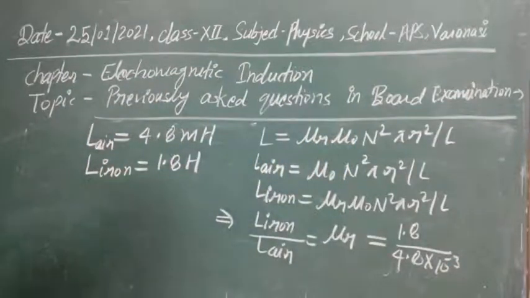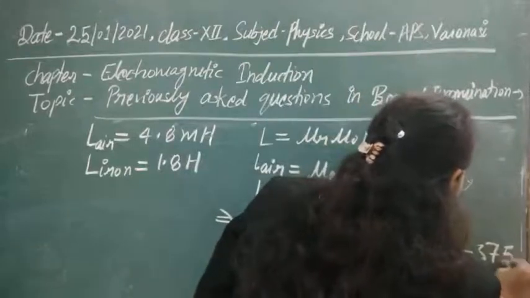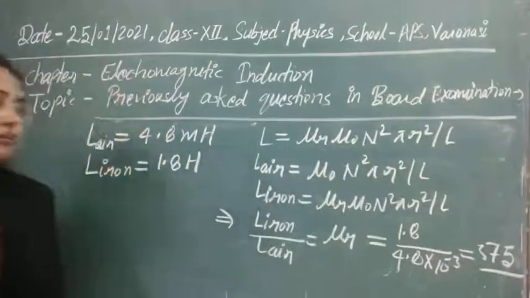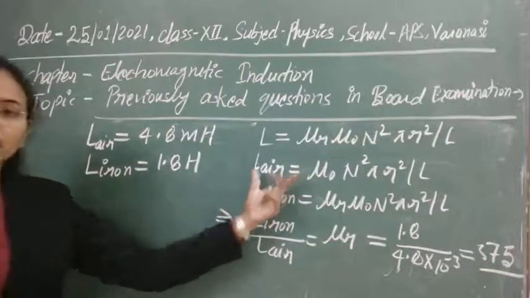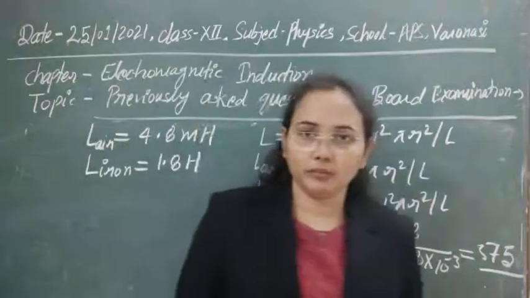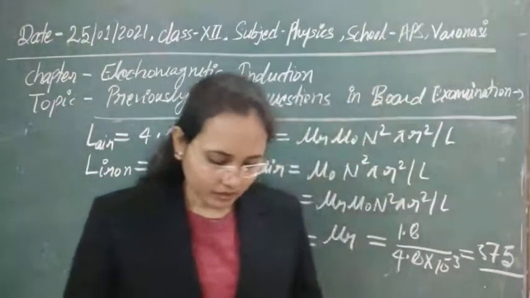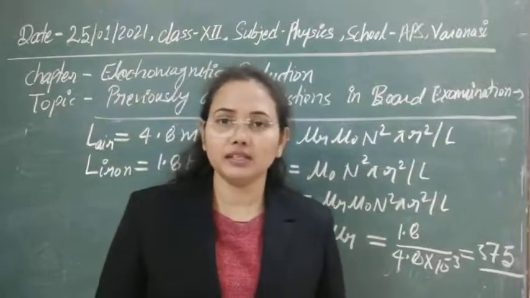If you solve it, you will find its value is 375. So this is the relative permeability of iron. With the help of the case of the solenoid and by comparison, we can easily find the relative permeability.